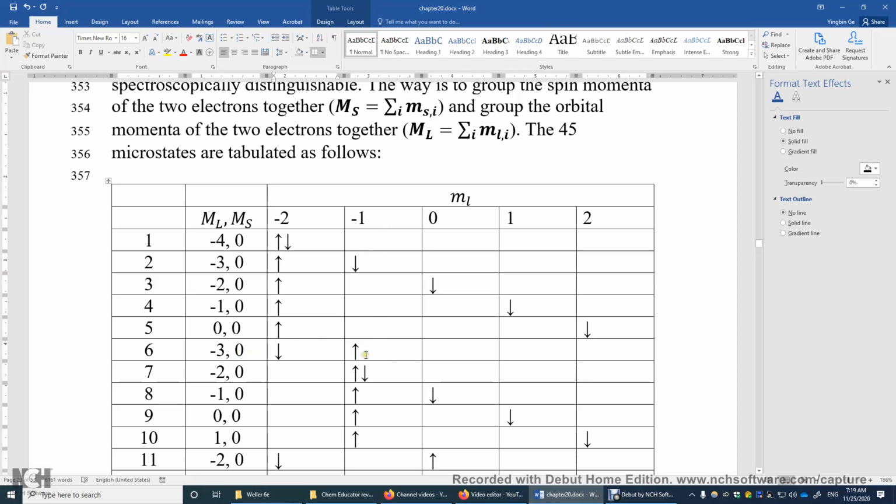And then we have alpha and beta both in this -1 box. The total is -2, the spin is 0. And then we have -1, 0, and so on. So you just keep doing this until you finish enumerating all 45 microstates.